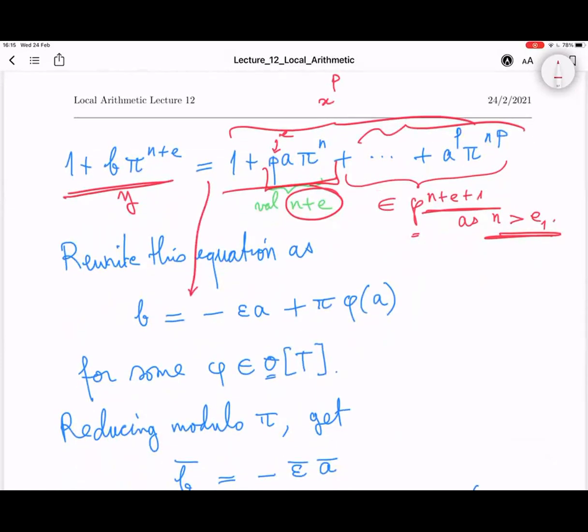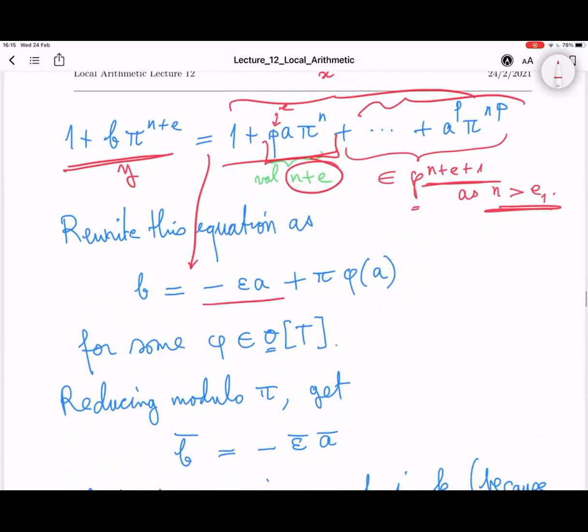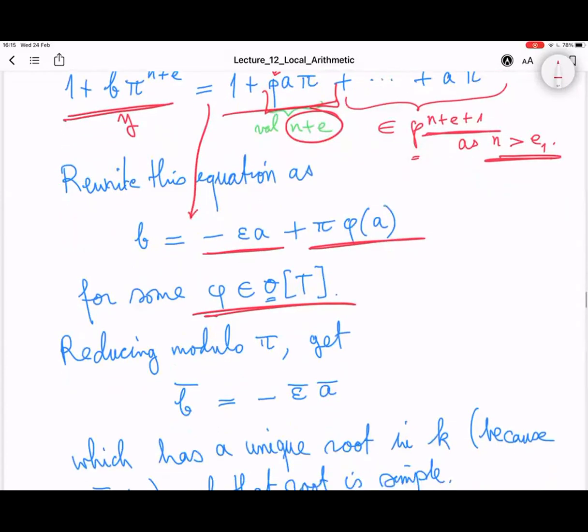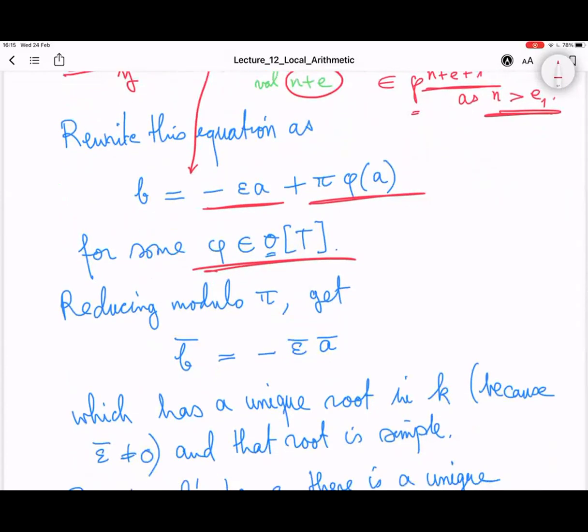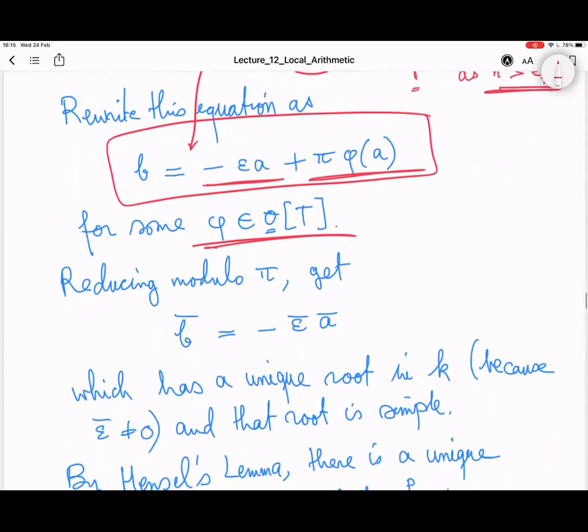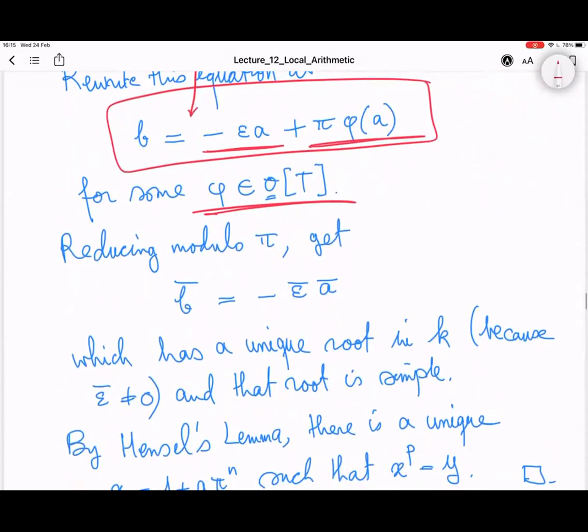So this equation can be rewritten as B equals minus epsilon times A plus pi times phi of A for some polynomial phi in O of t. Okay, so this is what I've rewritten the equation as. Now I reduce this equation modulo pi.